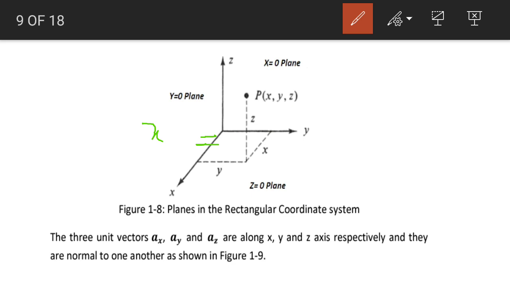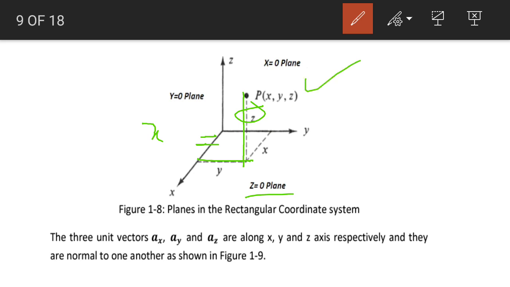Then we consider the y coordinate of this point parallel to the y-axis, and this point is in the z equal to 0 plane. Then from this point, we move parallel to the z-axis such that the length is equal to the z coordinate.